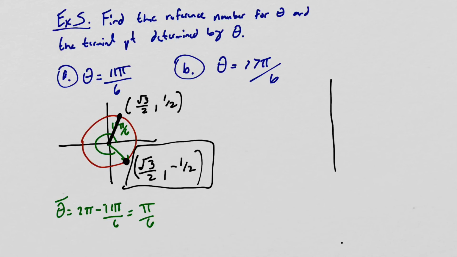Then in part B, let's go ahead and draw our picture again. Here we have our unit circle, and this time the angle we're given is 17 pi divided by 6. So 17 pi divided by 6 is larger than 2 pi, which means we go around our unit circle once, and we're left with another 5 pi divided by 6.